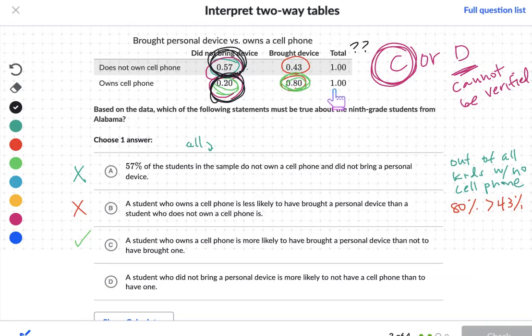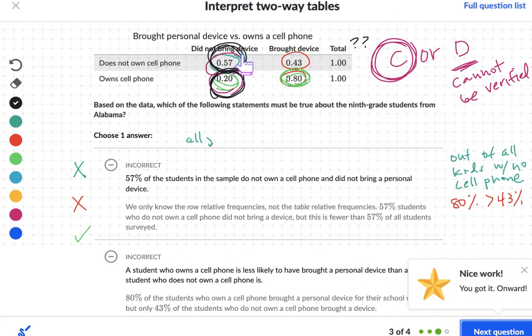So it's a different amount that we're comparing them to. While C is just comparing people who own a cell phone. They're comparing the 80% to the 20% out of their own total. So that percent is comparable because they're out of the same total. So we can actually compare those.